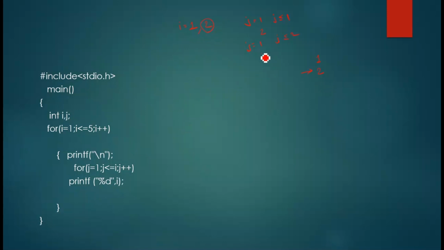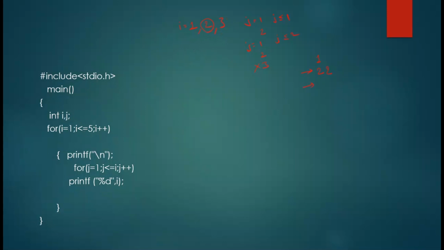Now j will become 2 because we are executing the inner loop, but 2 less than or equal to 2 is again true and again it is going to print the value of I. So here is also 2. Now j will become 3, but 3 less than or equal to 2 will be false. So it will come out of this loop and it will increment the value of I. So I will become 3.